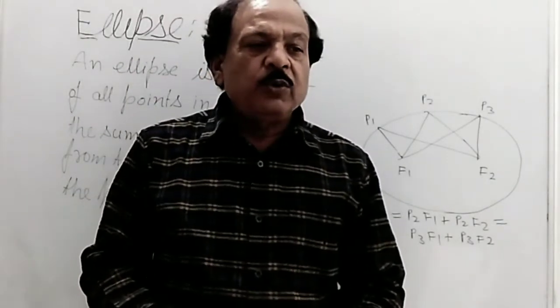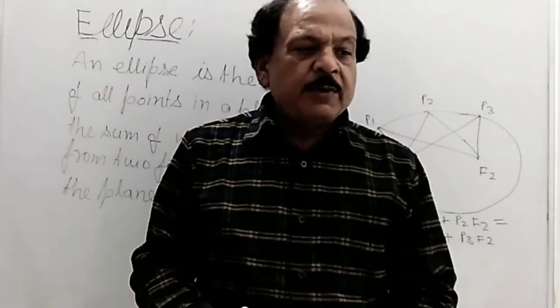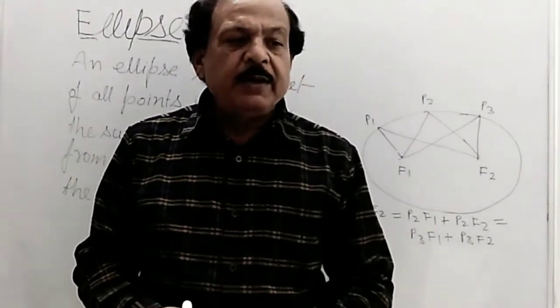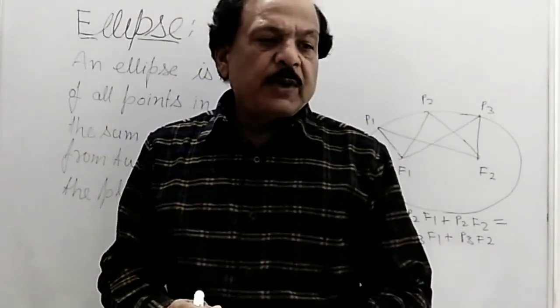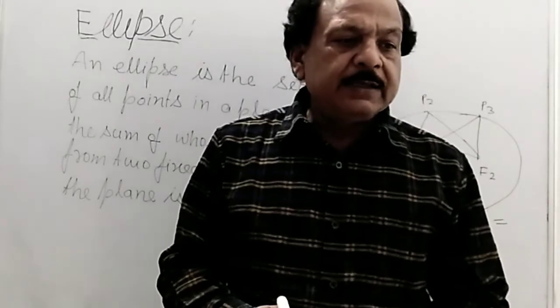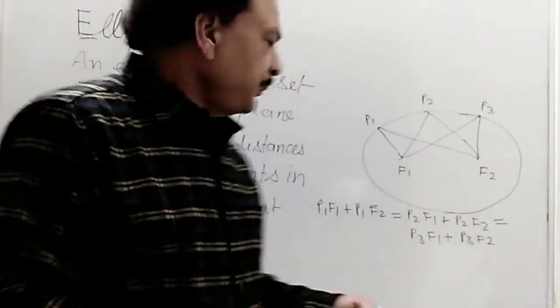And now here you note the constant, which is the sum of the distances of a point on the ellipse from the two fixed points, is always greater than the distance between the two fixed points.